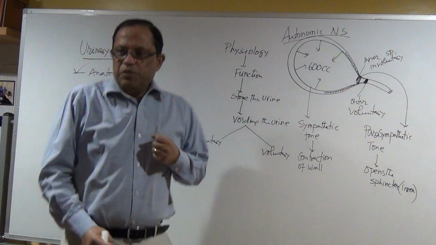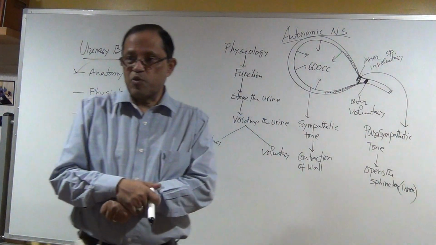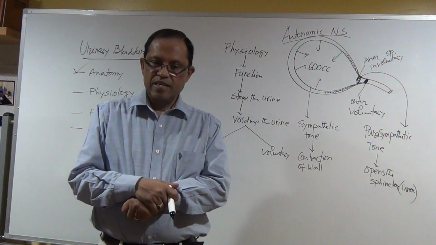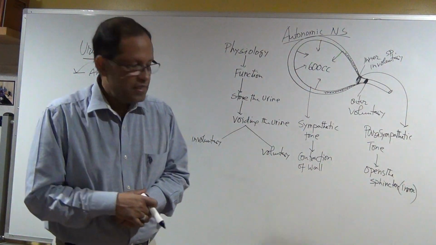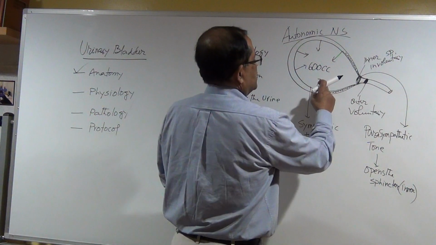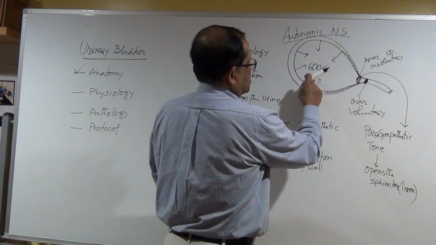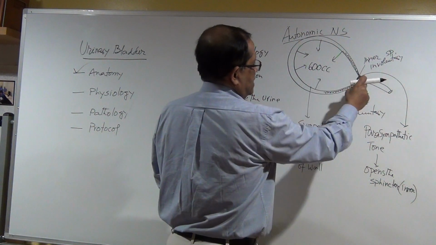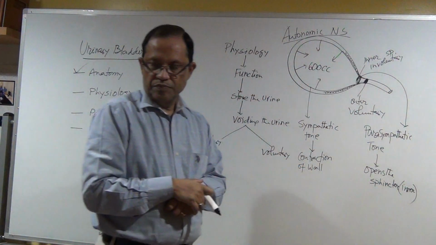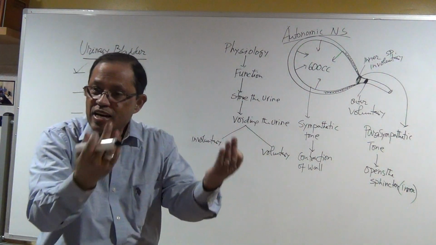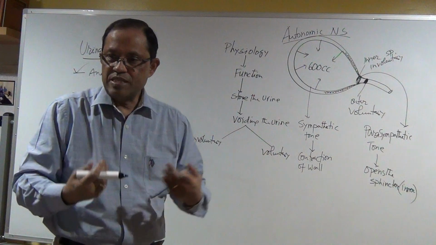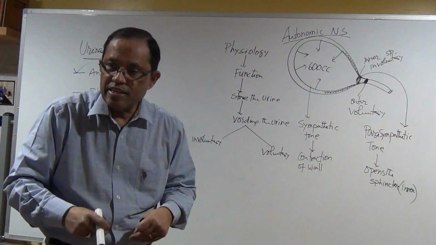You will see some prostate gland enlargement patients, they cannot void, they are jumping like that. Okay? So now, during the contraction, the wall will be contracted, gate will be open. You got it?